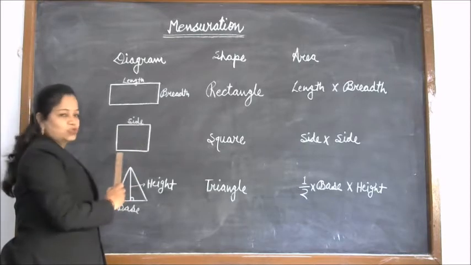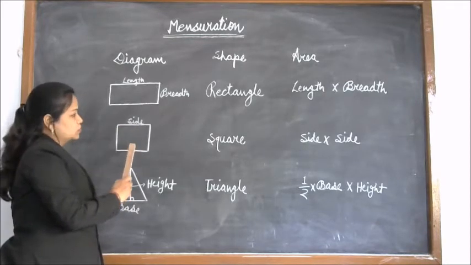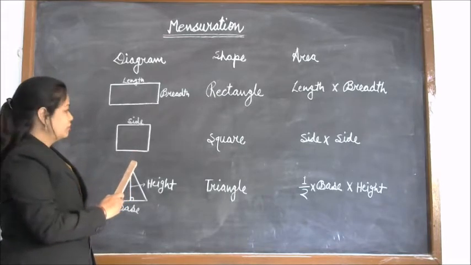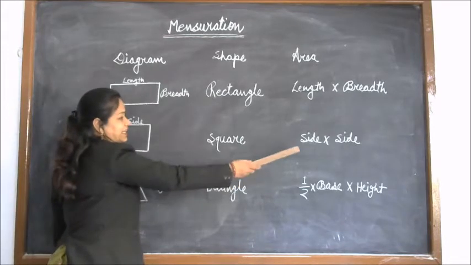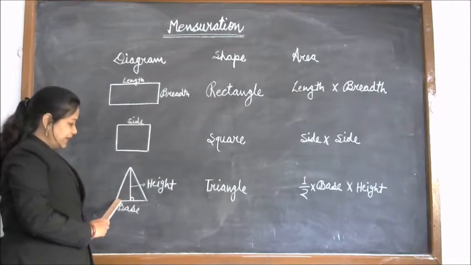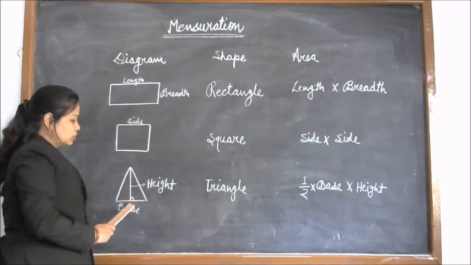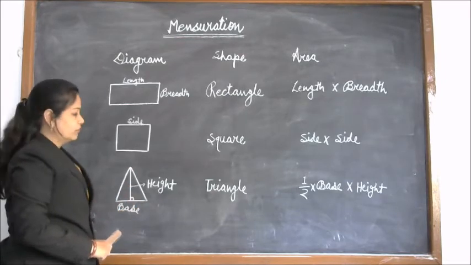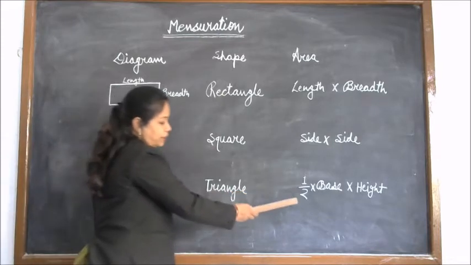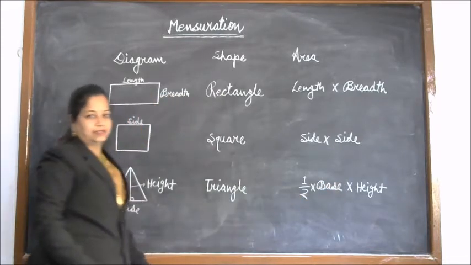Square has 4 sides and all the 4 sides are equal. So formula for area of a square is side into side. This is a triangle. Triangle has a base and a height. So formula for area of triangle is 1 upon 2 into base into height.